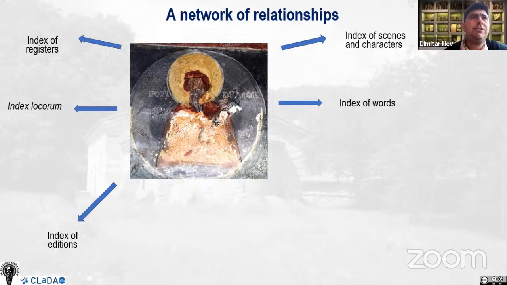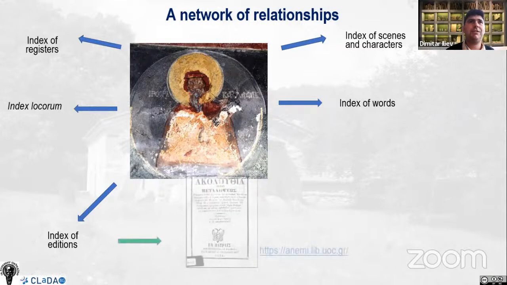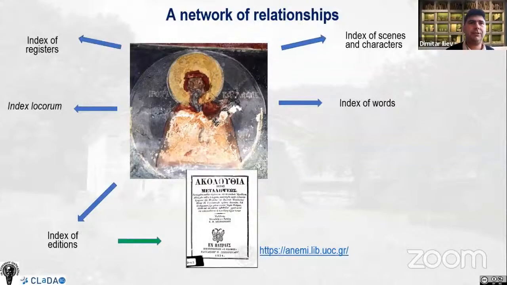In our case, this is, for example, the prophet Balaam, the Old Testament prophet Balaam, holding a scroll with one text, which does not coincide with the writings of the prophet Balaam, as we know them from the minor prophets. This digital edition could point to different indices, as you saw.